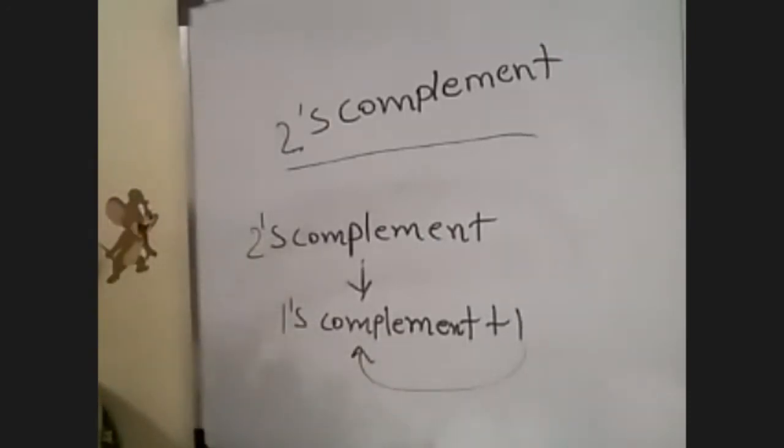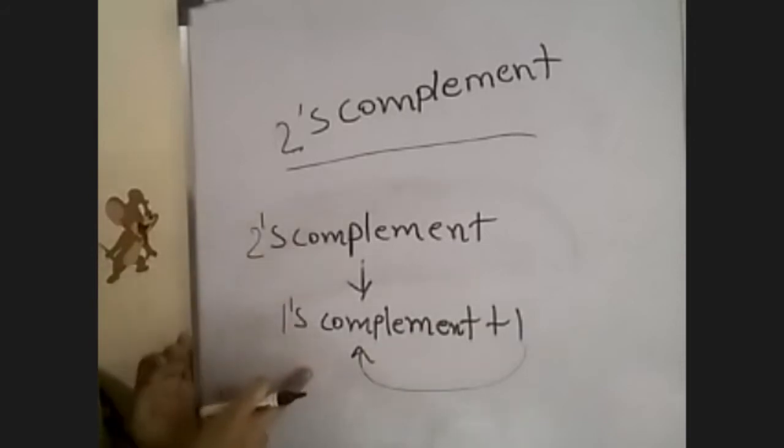Is it clear? To find the two's complement, first convert that binary number to its one's complement. Whatever the one's complement result is, add 1 to it, and that gives us the two's complement. So two's complement is equal to one's complement plus 1.